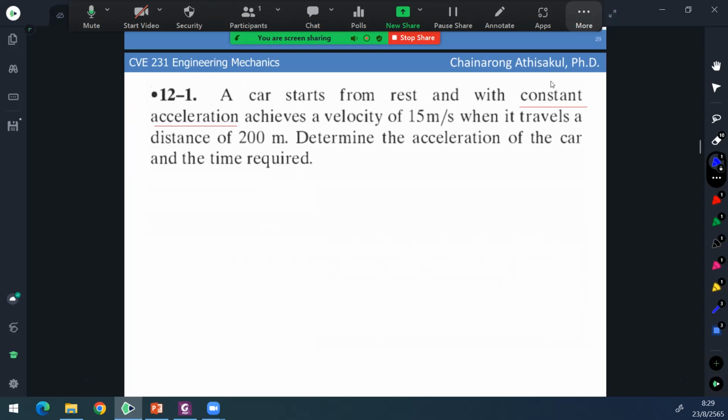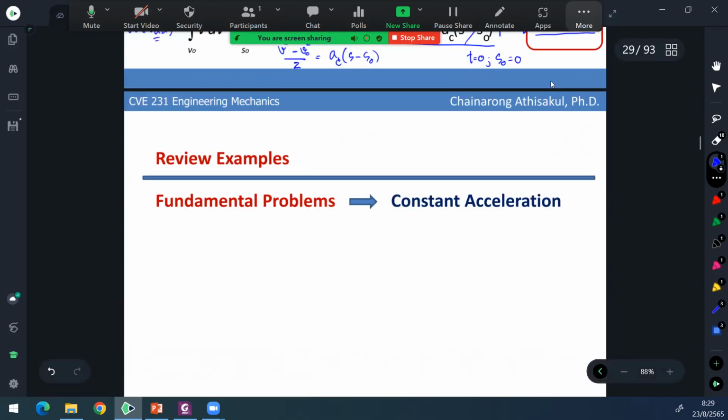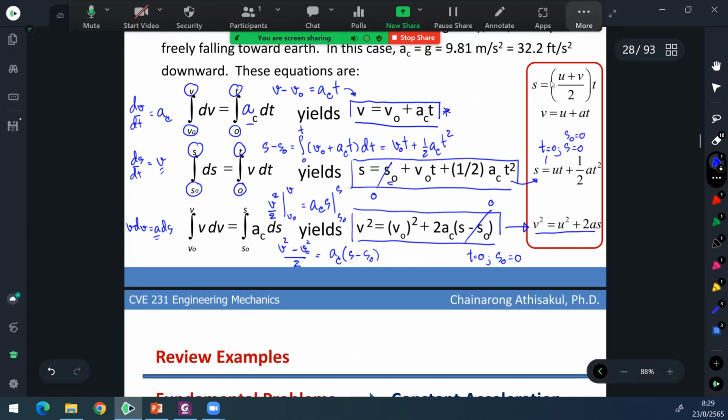We would like to find the acceleration of the car and the time required. We know this is constant acceleration, so we can use the kinematic equations that we already derived in the red box.